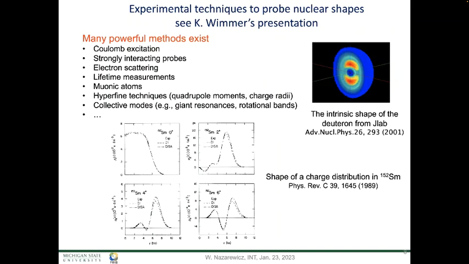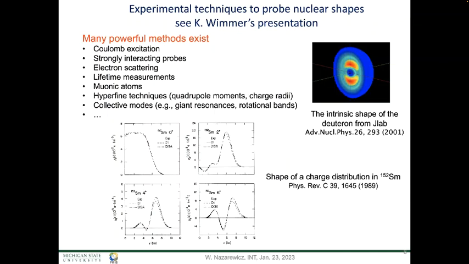Many powerful low-energy methods exist to get information about intrinsic nuclear shapes. The most important is Coulomb excitation, in which one can actually extract deformations beta and gamma from the so-called quadrupole invariants by measuring various multipole moments of transitions between low-lying levels.